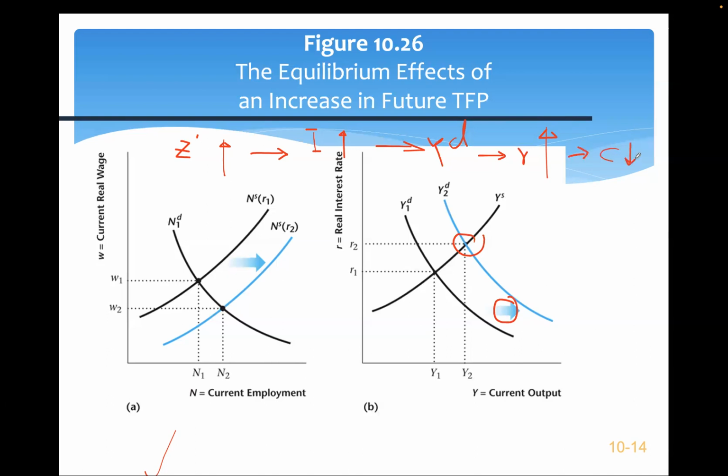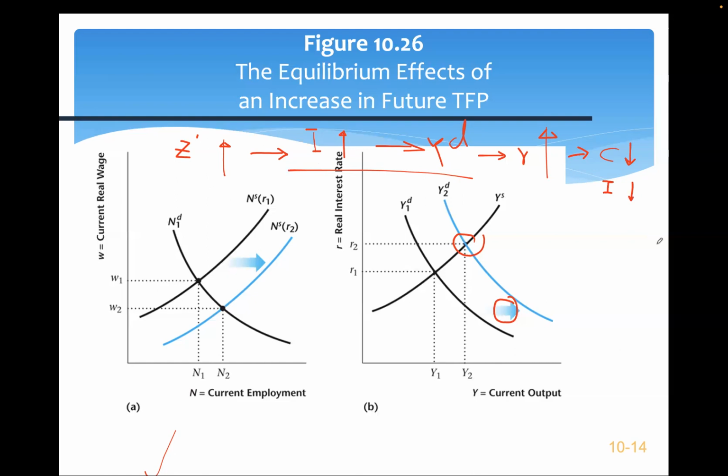Why? Again, households trade off between current and future consumption, and the future consumption price is 1 over 1 plus R. When R increases, future consumption is cheaper, so they want to substitute the future for today. They're going to decrease current consumption. But this also has a dampening effect on investment, because the interest rate rises after this first round. So the investment is going to cool down a little bit, right?